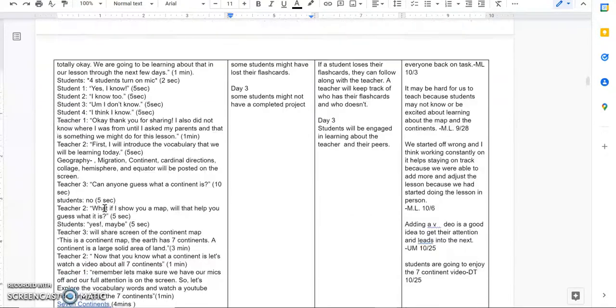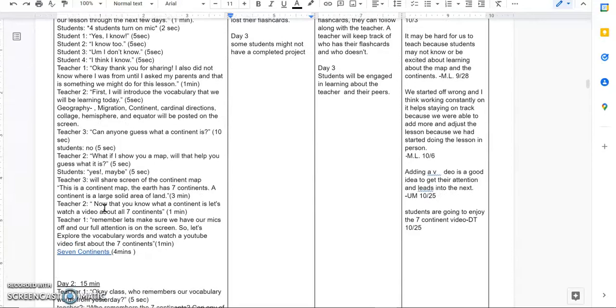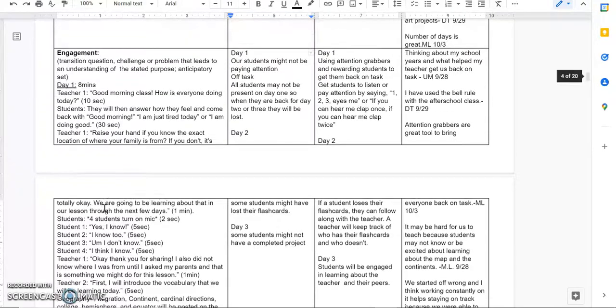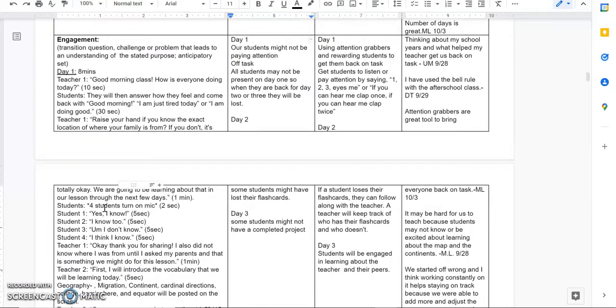Day 2 is where they're going to create their project by doing a pic collage and putting 5 pictures on their pic collage. And then on day 3, that's where they'll present it.